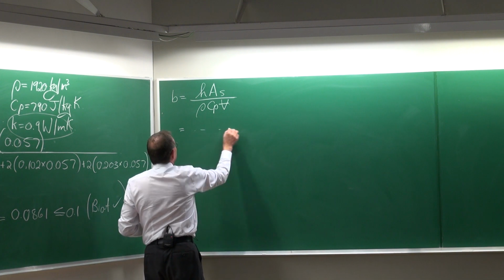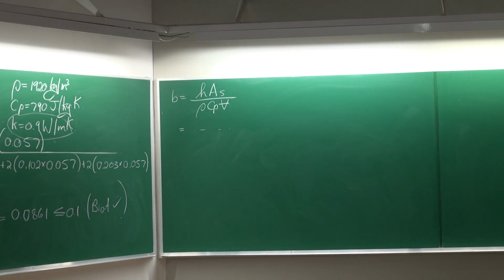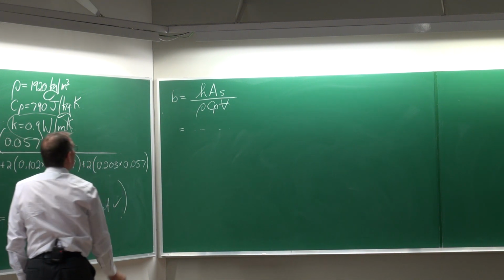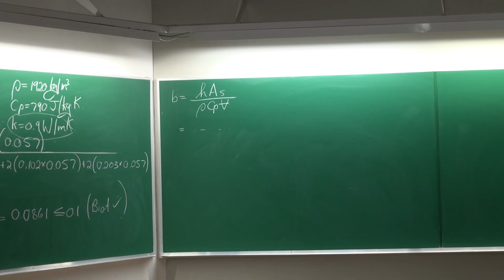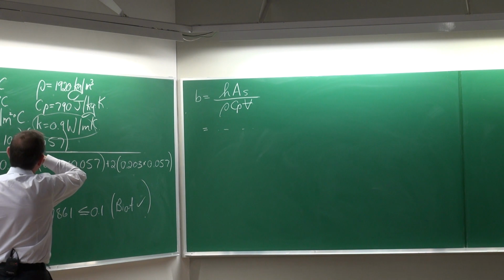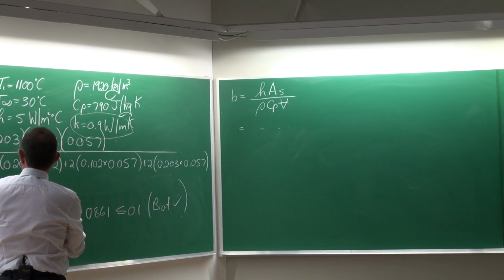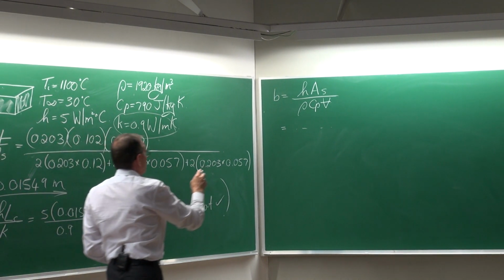Okay, you can go and calculate it at home. All the values are there. The heat transfer coefficient multiplied by the surface area, here's the surface area, divided by the density, which has been given. That is 1920. The Cp value and the volume again, like this.